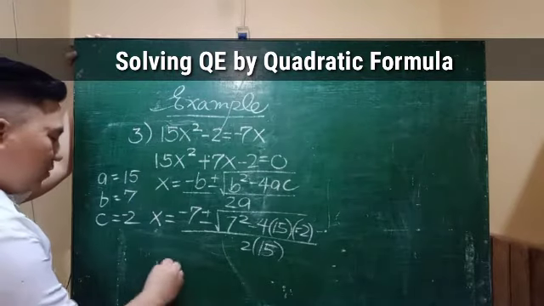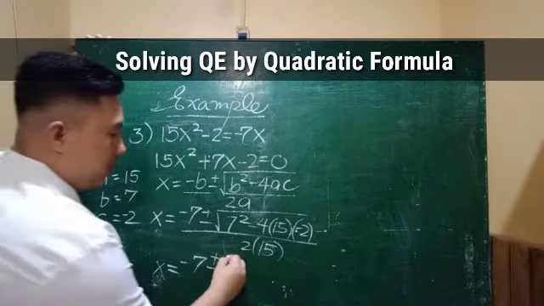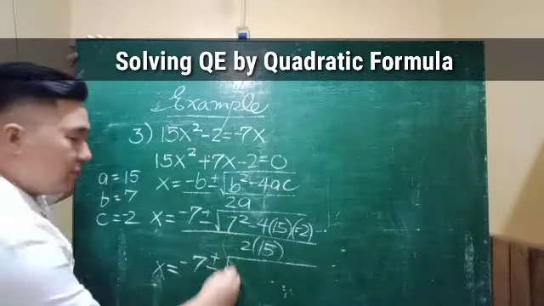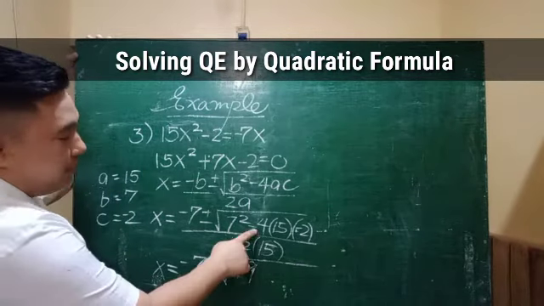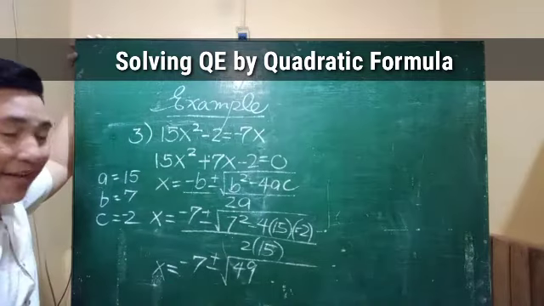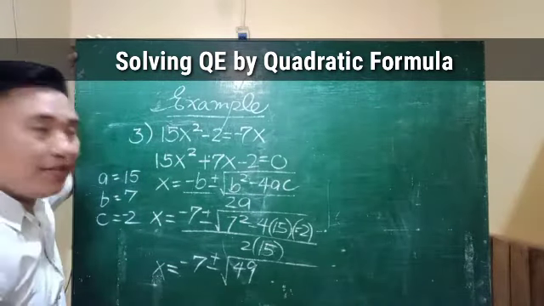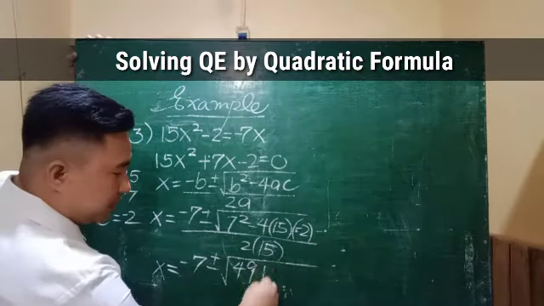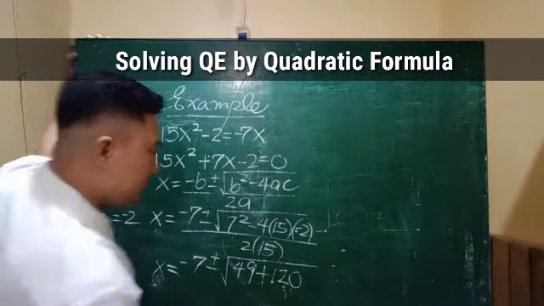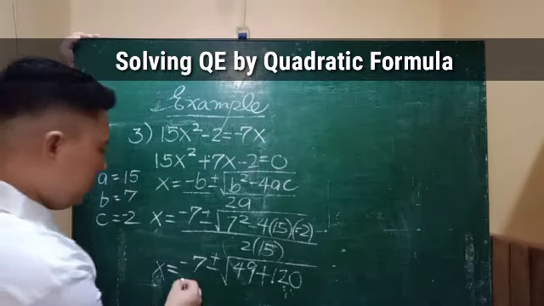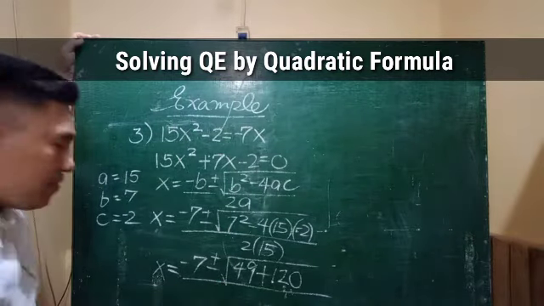So, magiging x equals negative 7 plus and minus square root of 7 square is 49. Then, negative 4 times 15 ay negative 60 times negative 2. Dalawang 60 ay positive 120. Okay? All over, we have 2 times 15 ay 30.